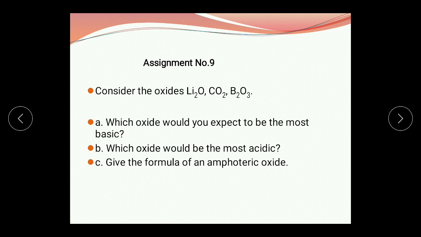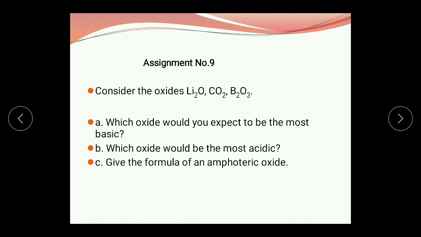Like that, screening effect. As we move from left to right, what happens to the screening effect? The sigma sign is there for the screening effect, and as we move from left to right, the screening effect of the core electrons remains the same, while down a group the screening effect goes on increasing because every time a new shell is added.